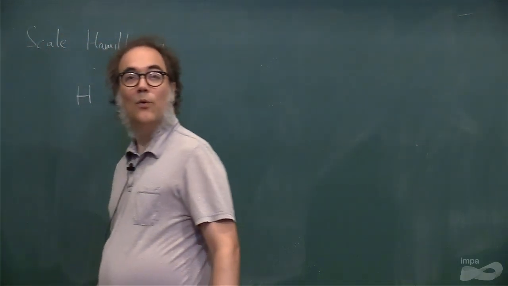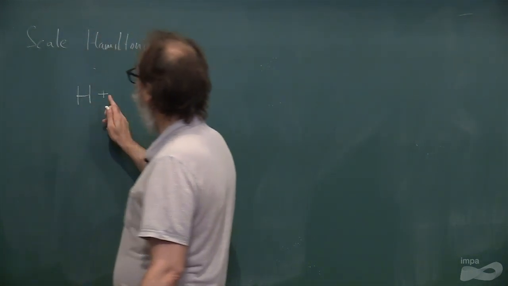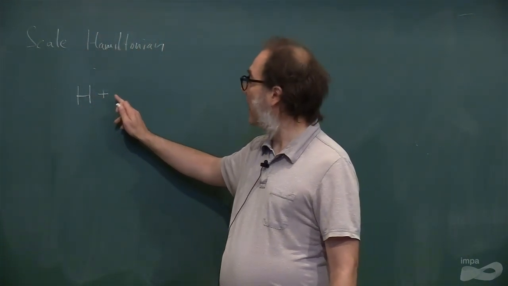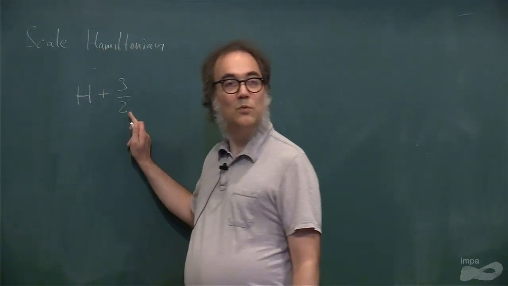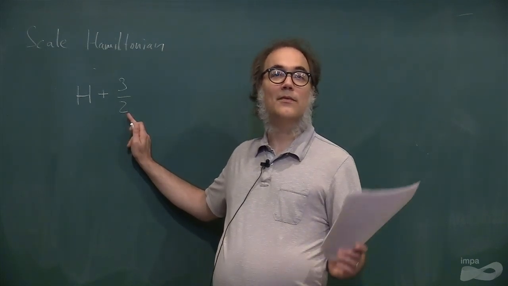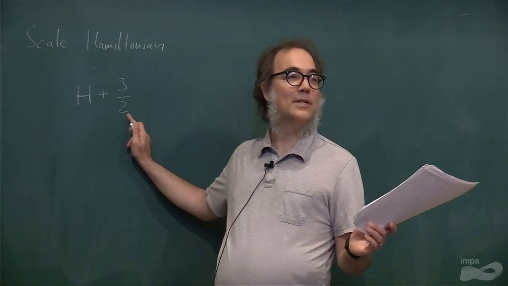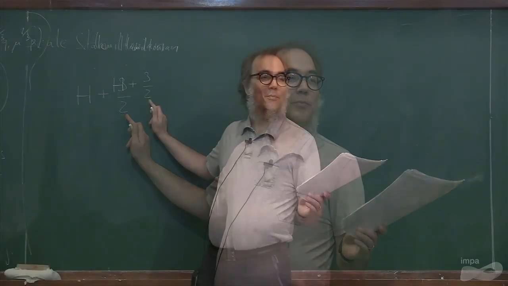So we take the old Hamiltonian, and then this is kind of a funny thing. This 3/2 appears here again, and this 3/2, this is something we have seen before. This is precisely the critical value of the Kepler problem.